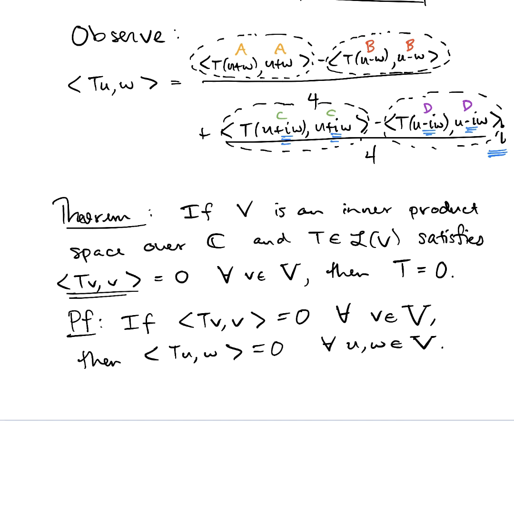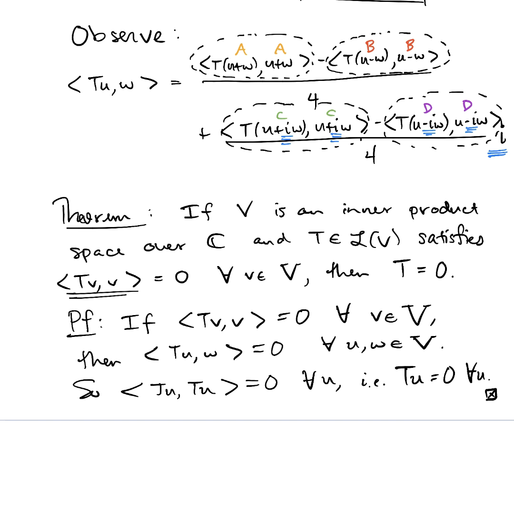And the right-hand side is 0. So the left-hand side is 0. In particular, since TU inner product W is 0 for all vectors U and W, then in particular, TU inner product TU is 0 for all U, i.e. T sends everything to 0. And that's the end of the proof.